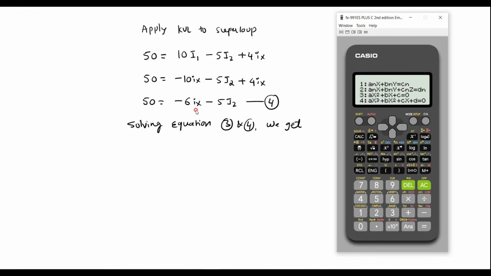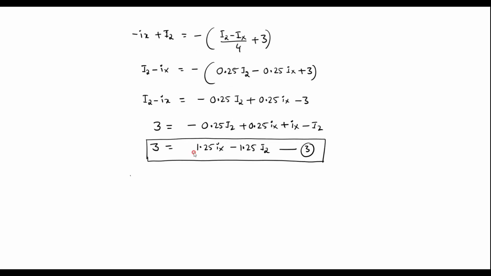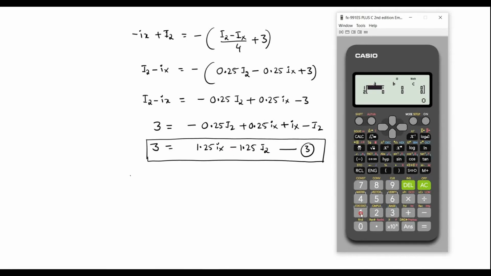There are two unknowns, so choose option 1. The coefficient of Ix is 1.25, the coefficient of I2 is minus 1.25, and this value is 3.